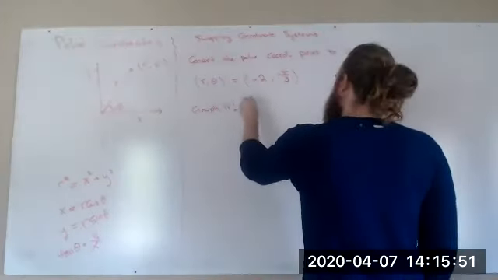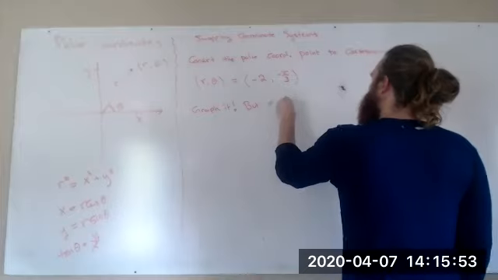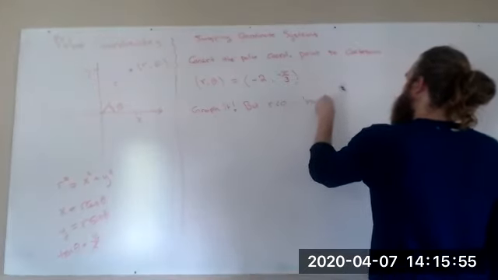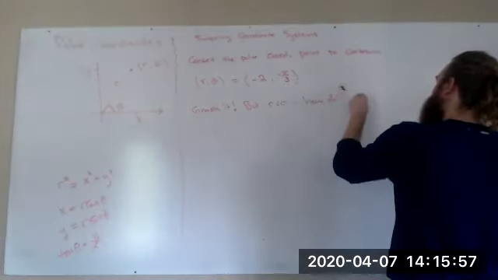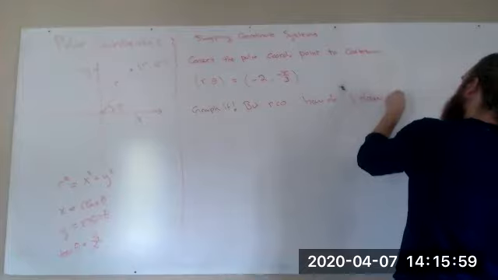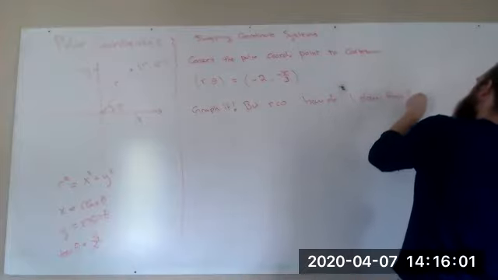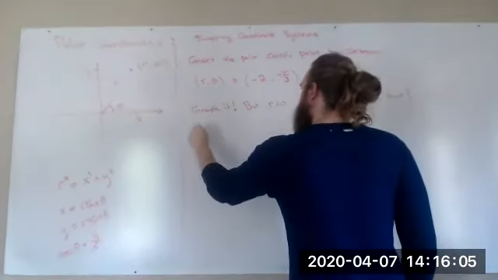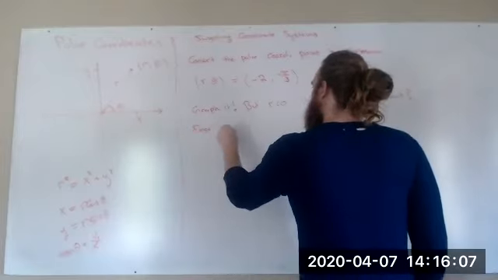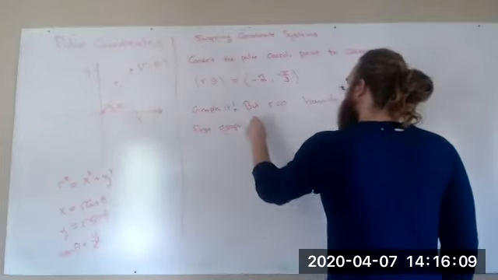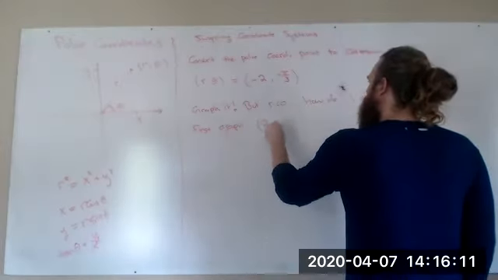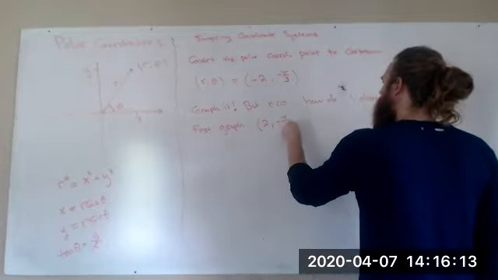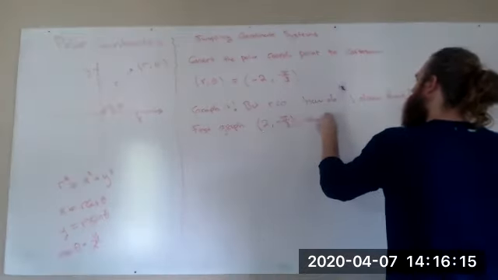And you go, well, but r is negative. How do I draw that? To which I would say, first graph the point with the positive radius, 2, -π/3, then reflect through the origin.